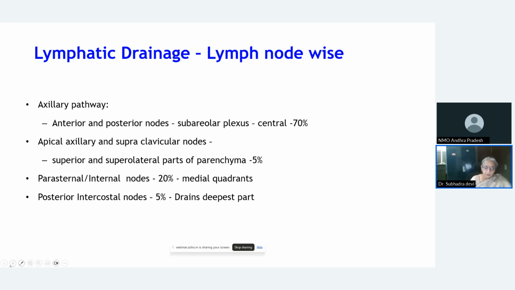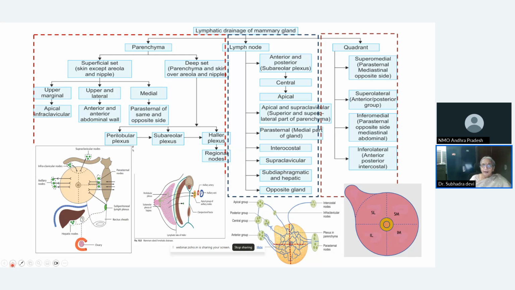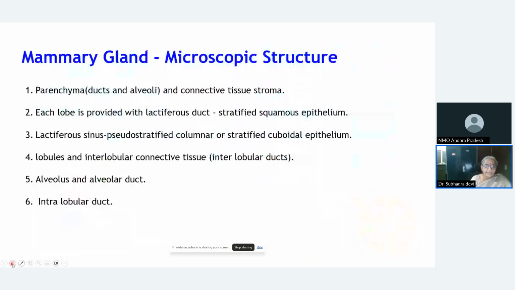Like that also it can be divided. And this is the whole picture of lymphatic drainage which I have mentioned. So if you have knowledge of this type of diagram, and these quadrants also, you will be in a position to answer for the lymphatic drainage.